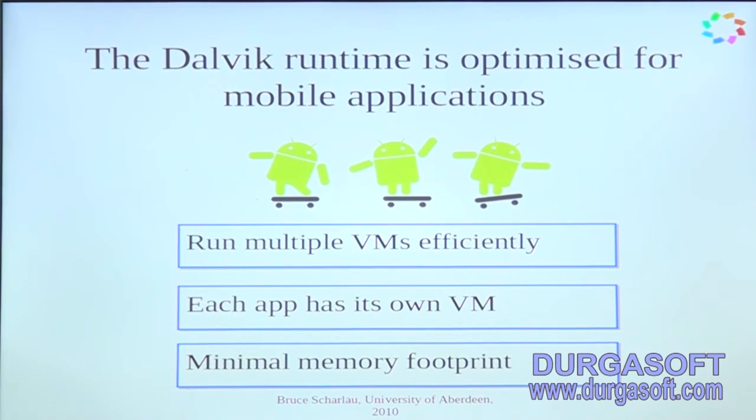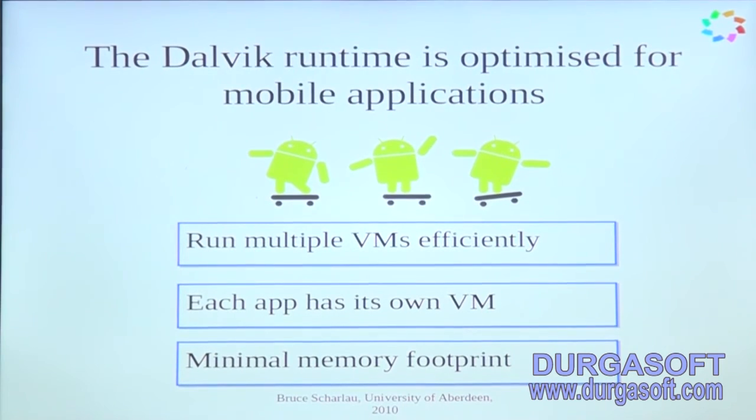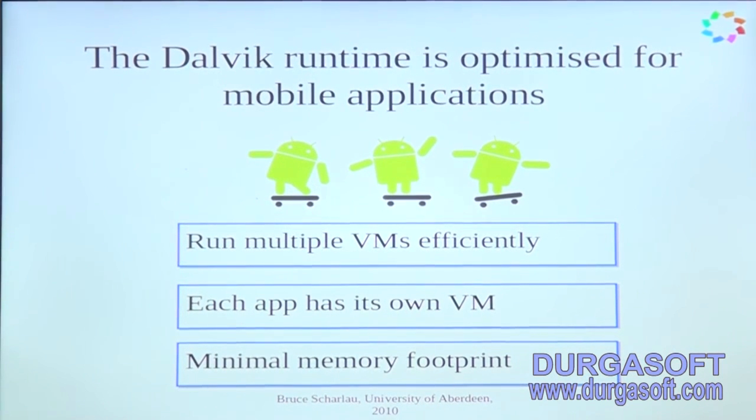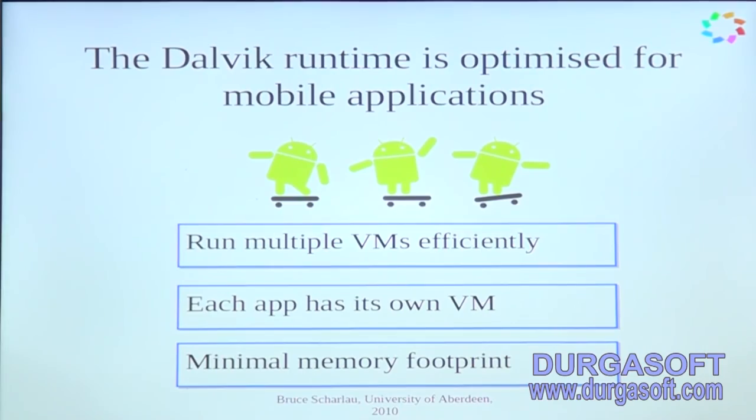So each and every app has its own VM. In this sense, the virtual machine runs its own environment, so there is no collision between applications. They have their own state, and their own segregation while running the application. There is no other application colliding with other applications.